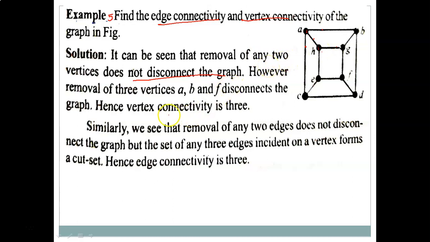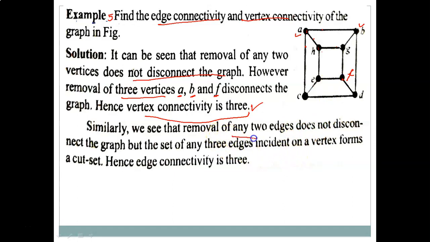But if you try to remove three vertices, suppose I am removing A, B and F, then this graph becomes disconnected. Hence you can say the vertex connectivity of this graph is 3, because if you remove A, B and F here, this graph becomes disconnected.